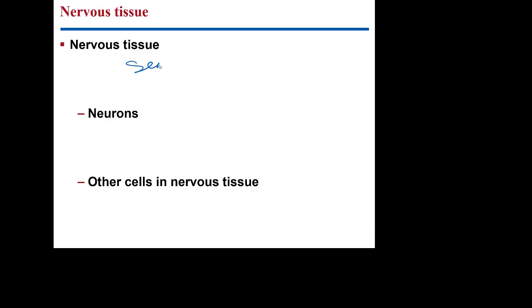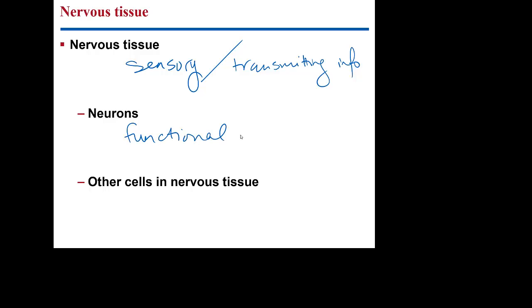Nervous tissue. Nervous tissue is primarily responsible for sensing or being part of your sensory system and transmitting information. The neurons themselves are actually the basic functional unit of a nerve. And we'll look into that. And that's what's actually going to carry signal.